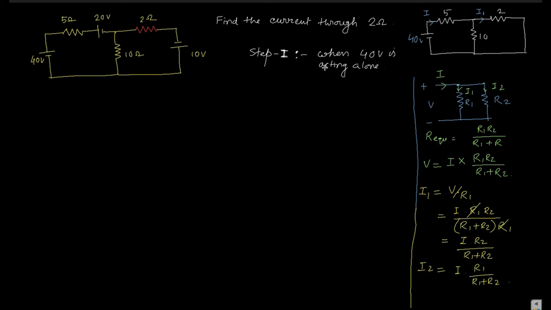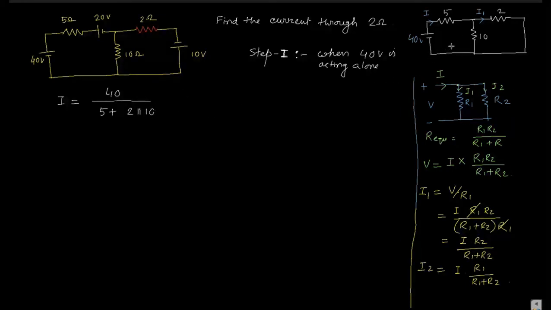So here, step one: the 40 volt source is acting alone, then we have to find the I. If you calculate the total equivalent resistance, the voltage divided by this total equivalent resistance gives you the I. So I becomes 40 divided by 5 plus 2 parallel 10.